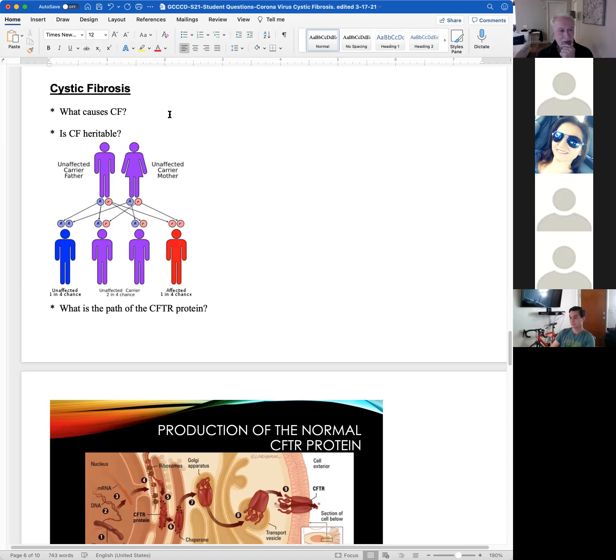Some people ask, is cystic fibrosis heritable? And the fact that it's a genetic disease means that yes, it is heritable. This diagram illustrates how it is inherited.